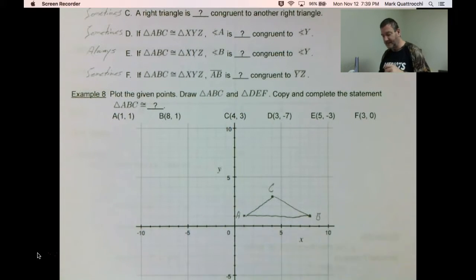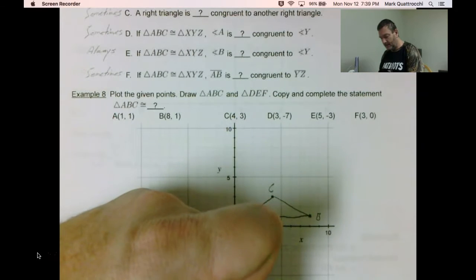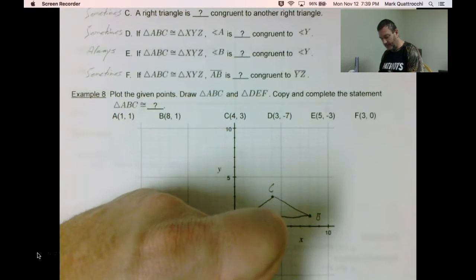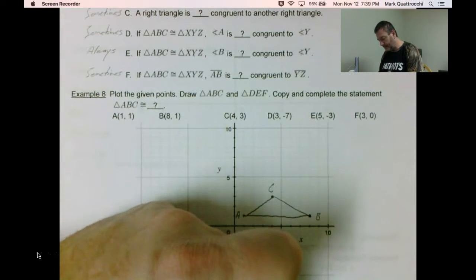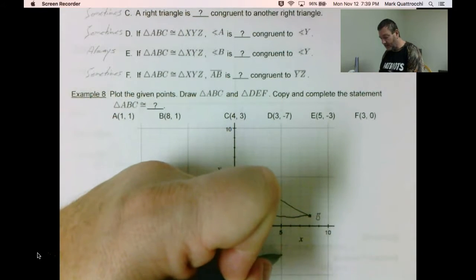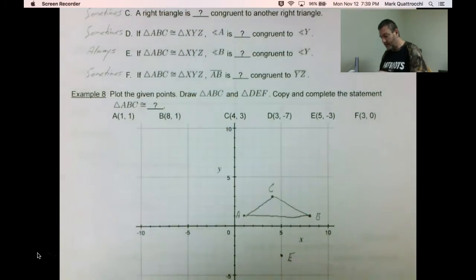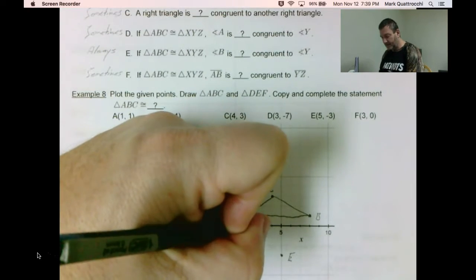Okay, point D is at (3, -7). Here's point D. Point E is at (5, -3). Here's point E. And point F is at (3, 0).